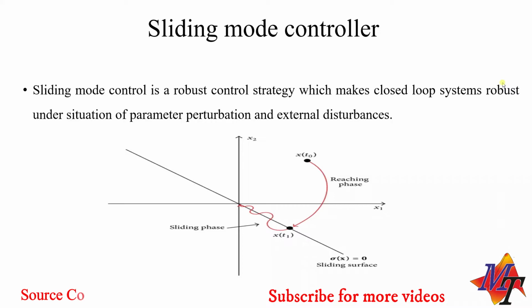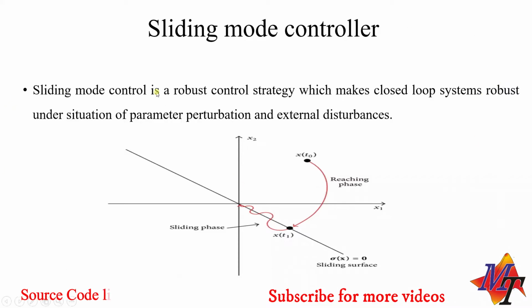Suppose a system is subjected to noise or external disturbances of any kind, and the control action or the output is not affected by these disturbances, then the control system is called robustly stable.